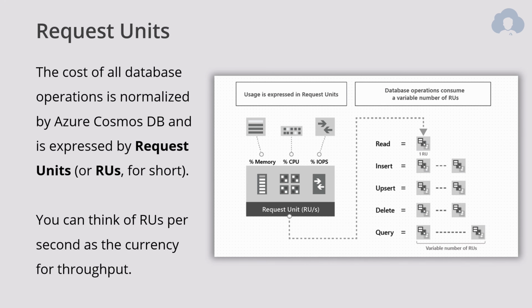If you're reading a single document, that's one request unit. But if you're inserting, upserting, or deleting data, that's more request units, depending on how big the change is. And if you're querying data, that's much more. As you can imagine, when querying data and doing some aggregates, you are going through multiple documents in your database, therefore you need to pay more request units.